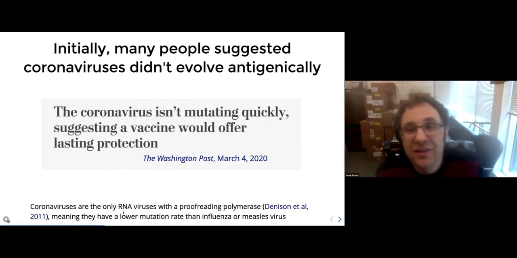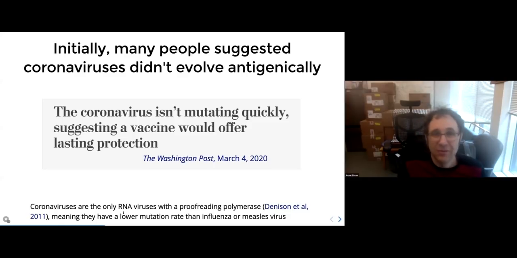Early in this pandemic, you often read things about how coronaviruses were evolutionarily stable or didn't evolve antigenically. Here's an article on that topic from March of 2020. And the reasoning that was proffered to support this idea is that coronaviruses are the only RNA viruses with a proofreading polymerase, meaning that they have a mutation rate that is somewhat lower than the mutation rate of something like influenza virus or measles virus.